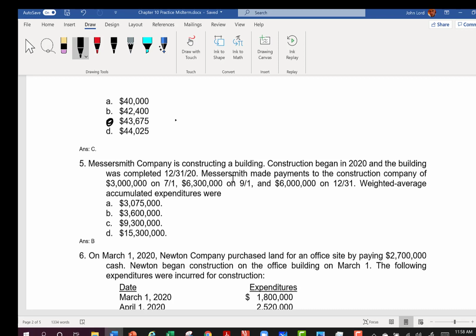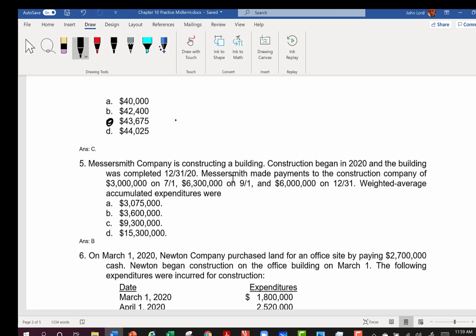This question is just saying, can you calculate that weighted average of accumulated expenditure? Because that's obviously a vital part of being able to figure out how much interest to capitalize. Okay, so what happens? The rule is that the amount that you're going to capitalize is going to be predicated on the amount of time.